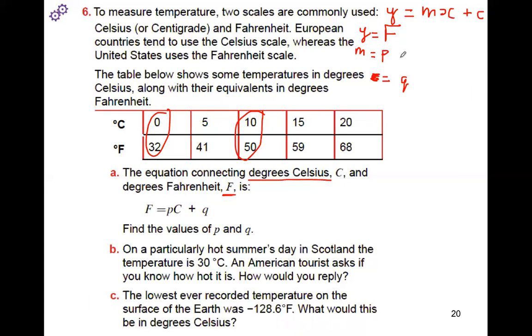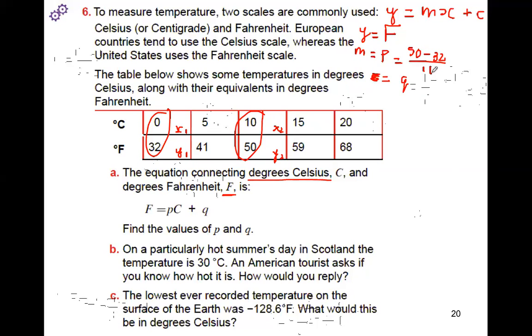Okay, so the first thing is m, which is our p. We're going to say y2 minus y1. So you can pick x2, y2, remember? And then x1, y1, these are my points basically. So y2 minus y1 is 50 minus 32, which is 18, divided by 10 minus 0.